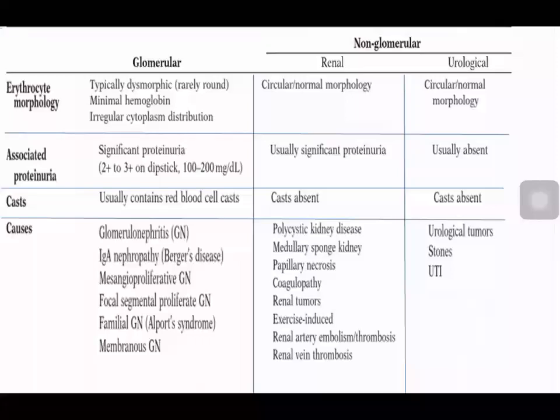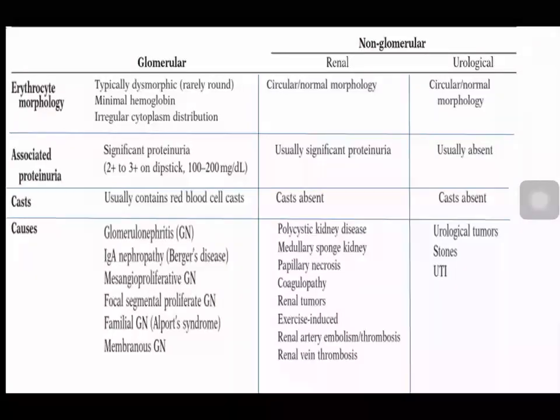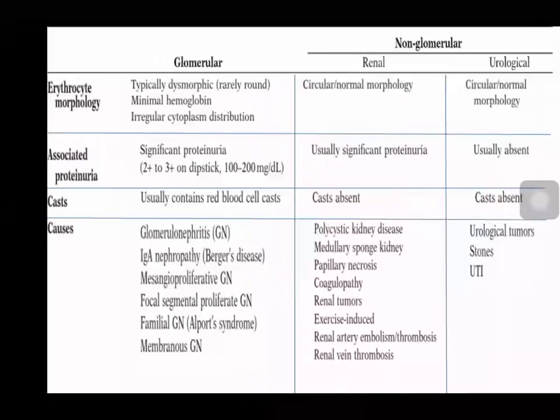If the patient has non-glomerular pathology arising from the kidney, usually the RBCs will be normomorphic, and the cast will be absent. And if the patient has urological pathology, the RBCs will be normomorphic, and these patients will not have proteinuria. So how will you differentiate glomerular and non-glomerular? It is by the shape of the RBC and by the RBC cast.